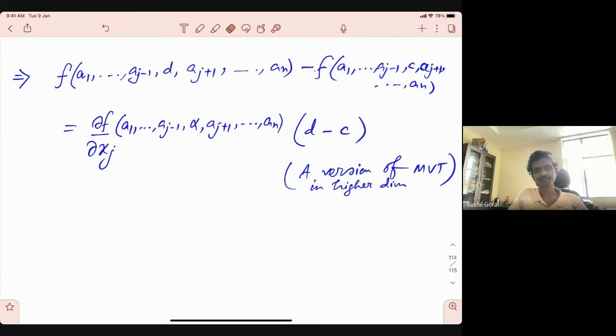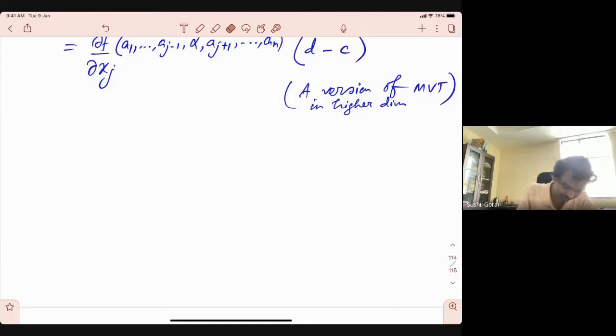But now we will give an application of this. This is pretty useful. Though this is just an application of the one variable mean value theorem, it is quite useful. So let me put it as a theorem, the application.